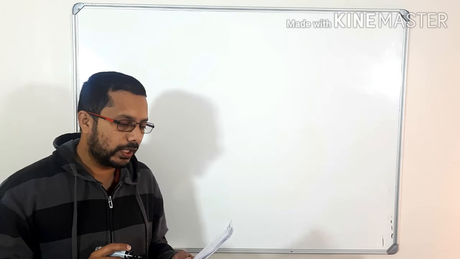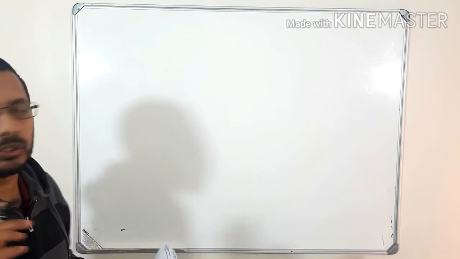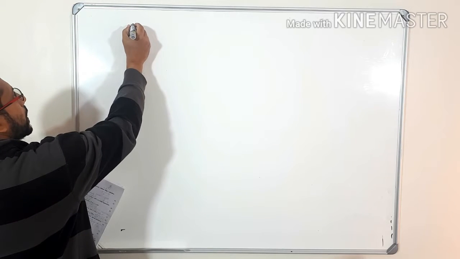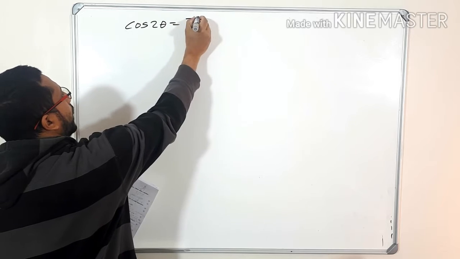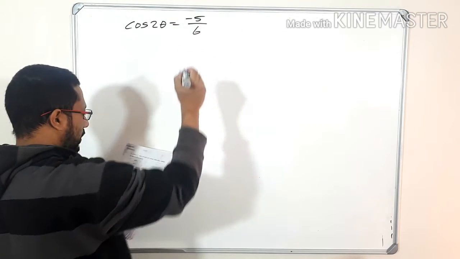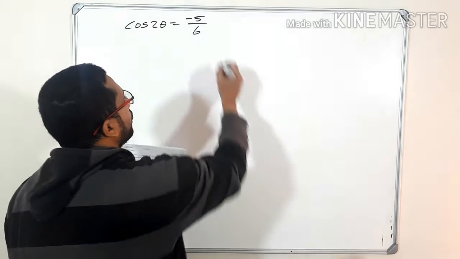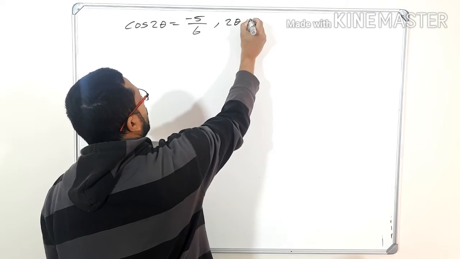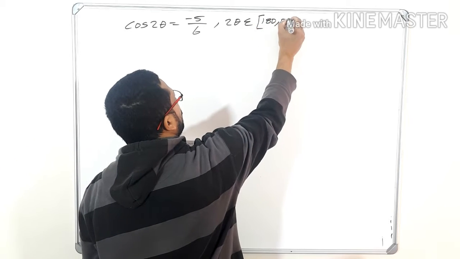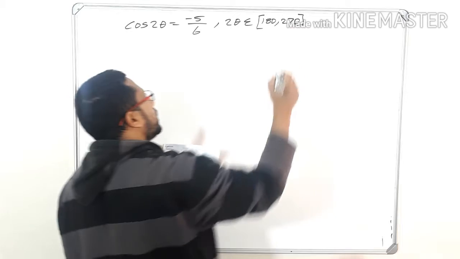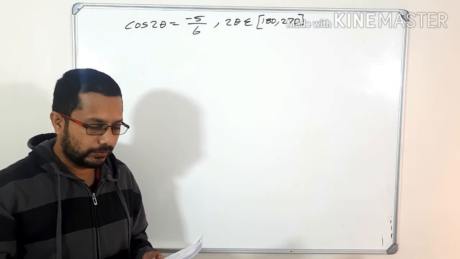It is given that cos 2 theta is equal to minus 5 over 6, where 2 theta is an element of 180 to 270 degrees.